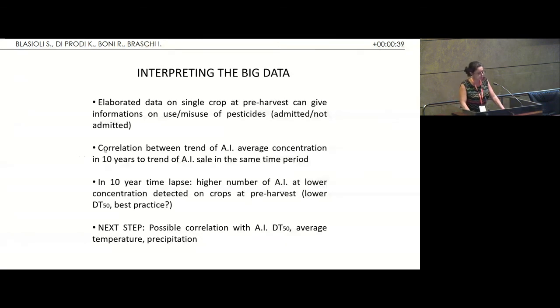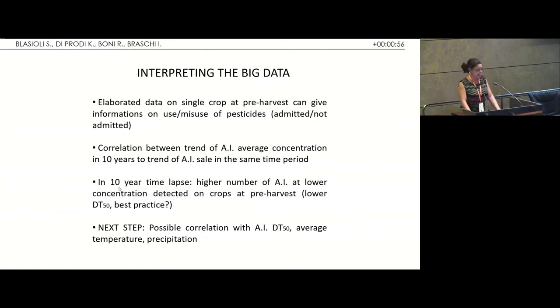It was interesting to observe a correlation between the trend of active ingredient average concentration in 10 years and the trend of the sales for the same period. And this is the important connection from the environmental point of view.